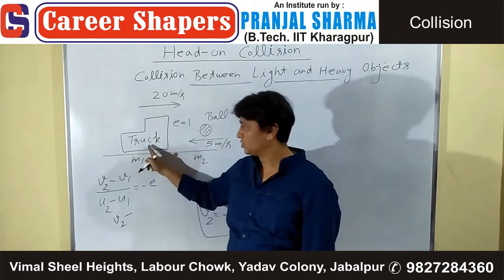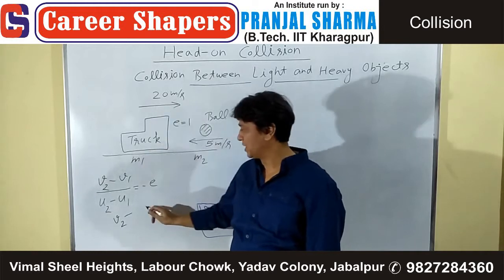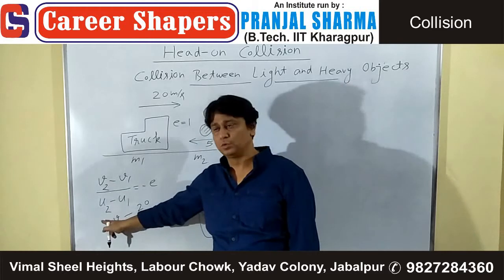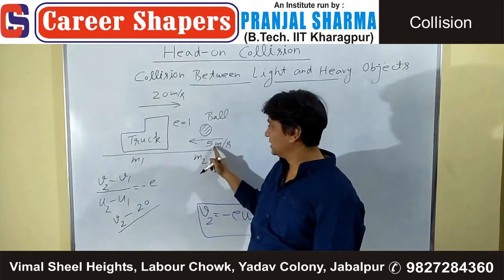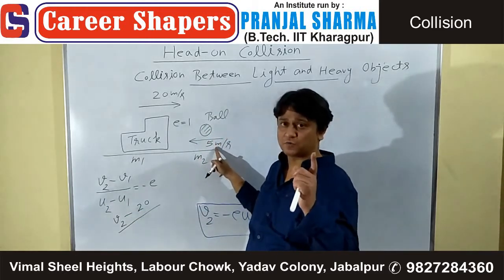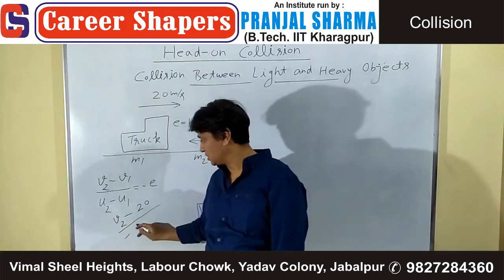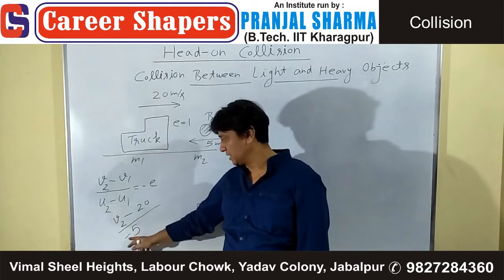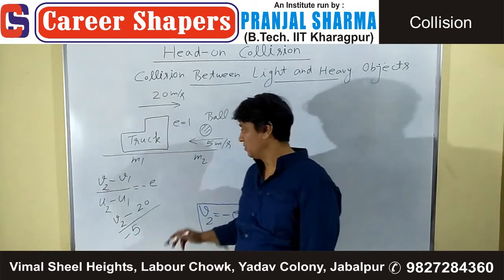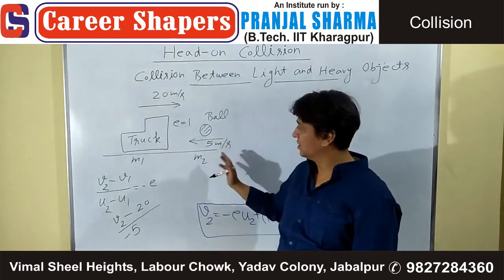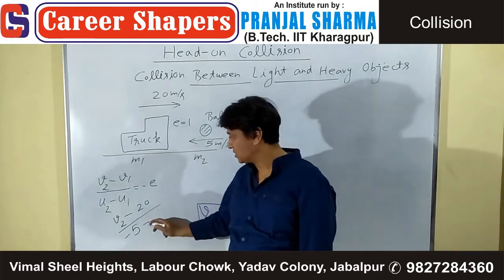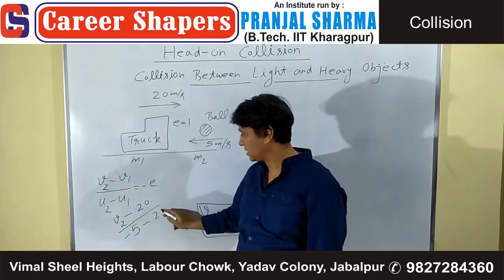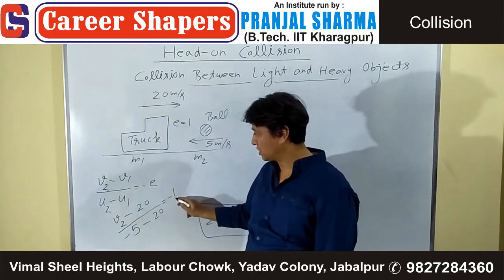minus V1. This truck is moving with what? 20. Divided by U2. U2 is, remember, it's not 5, it's what? Minus 5. Many a times people commit mistake only in this part, plus and minus part, which you take with these velocities. Minus of U1, truck moving with 20, coefficient of restitution is what? 1.